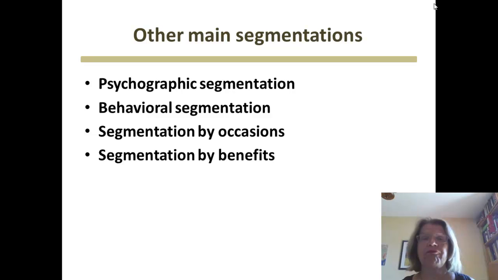The psychographic segmentation takes into consideration the different phases of age, because it takes into consideration other elements than just age: lifestyle, personality, values, social class. This can differ even in a small age group.